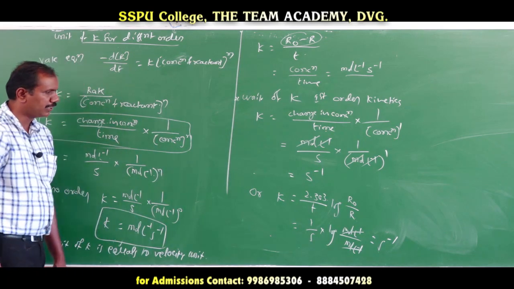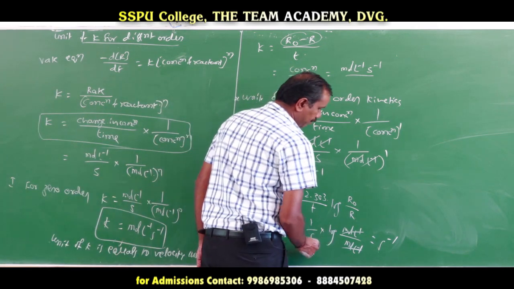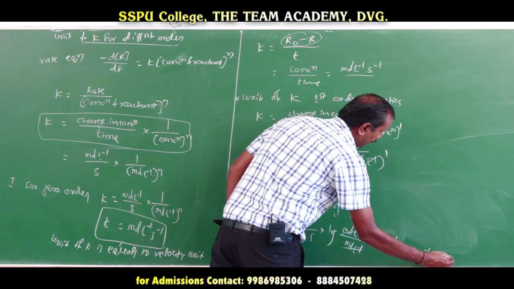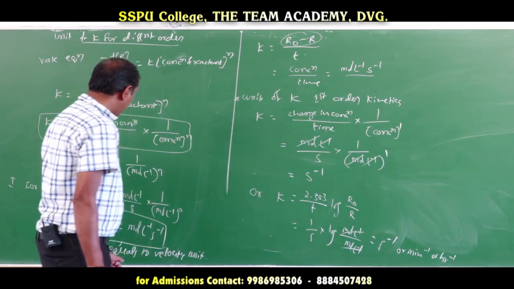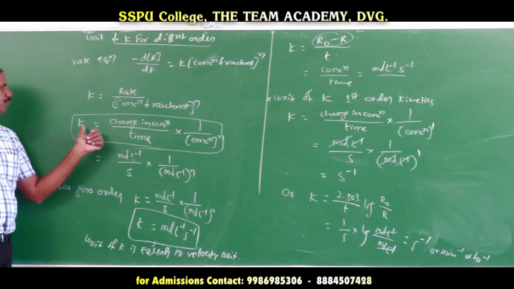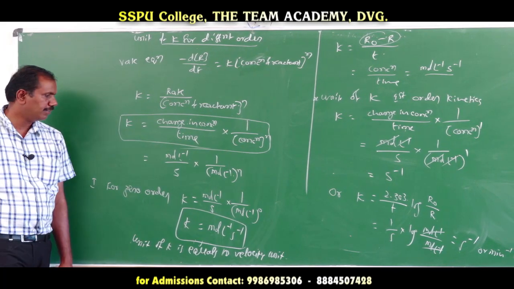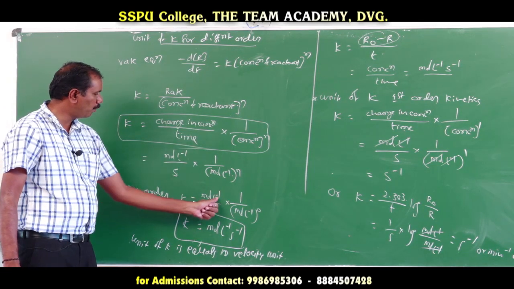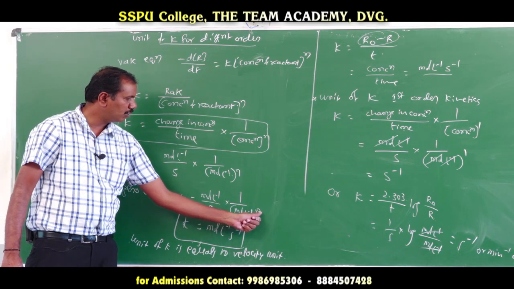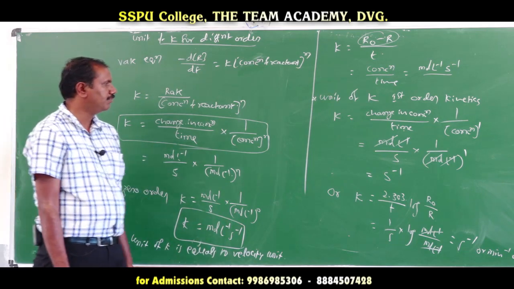The unit of K for first order is per second, per minute, or per hour. Then the unit of K for zero order is mole per liter per second. So I use the equation K equals change in concentration divided by time into 1 by concentration to the power of n. Concentration is mole per liter, time in seconds, into 1 by concentration, mole per liter to the power 0 for zero order. Then it becomes mole per liter per second.